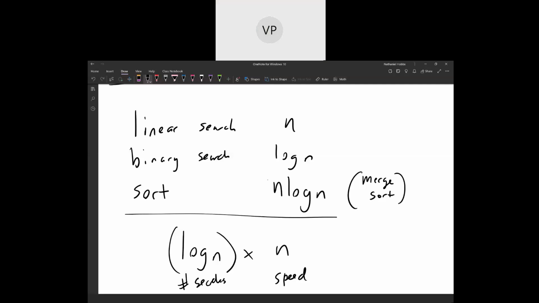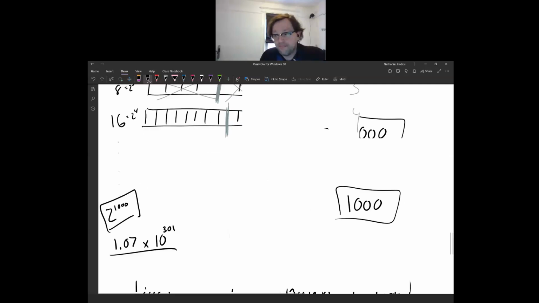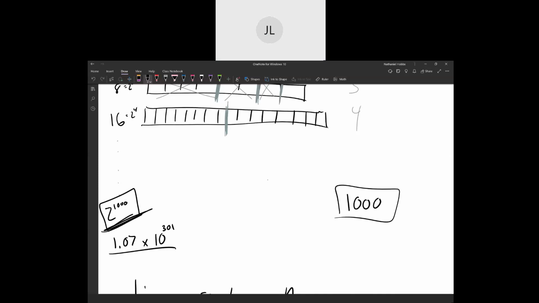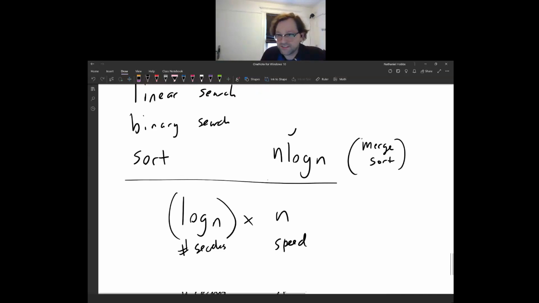So if you're planning on doing more than that, in this case, if you had this much data, and you were planning on searching at least 1,000 times, then it's beneficial to sort first and then use binary search. Yeah. Thank you.